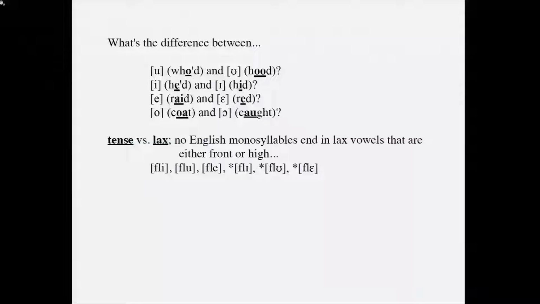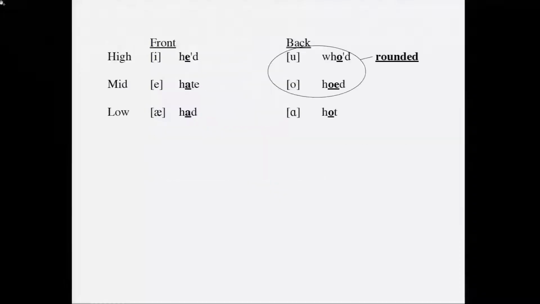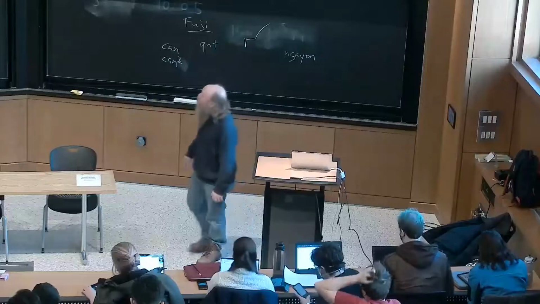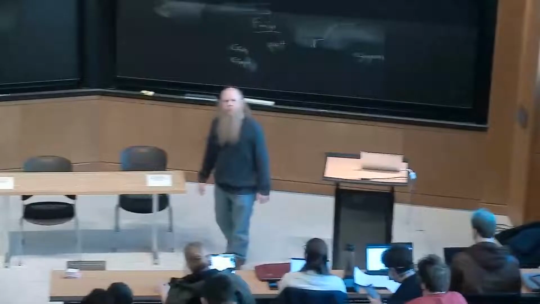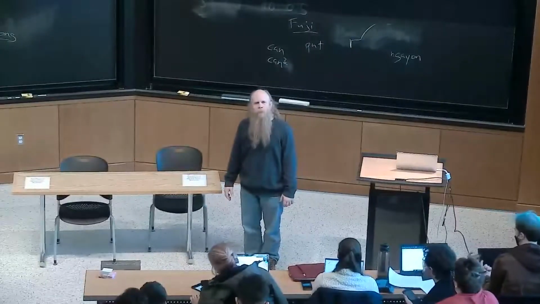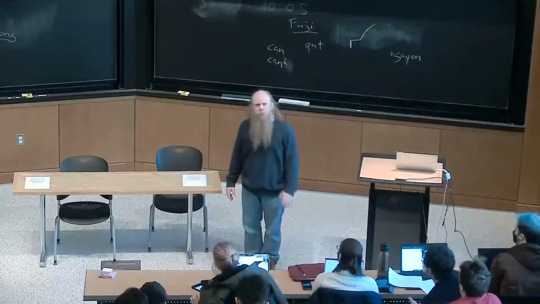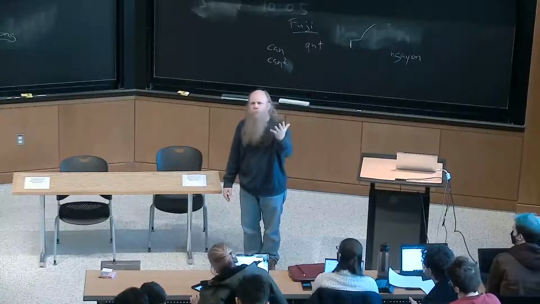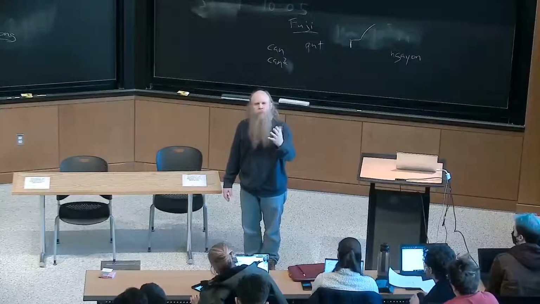Now, in this chart, I've only got 6 vowels. You may have been taught, how many vowels were you taught English had if you went to school in English? 5. It's supposed to have 5, right? It does not have 5. It has like 14.